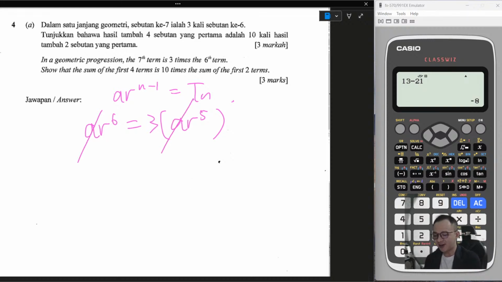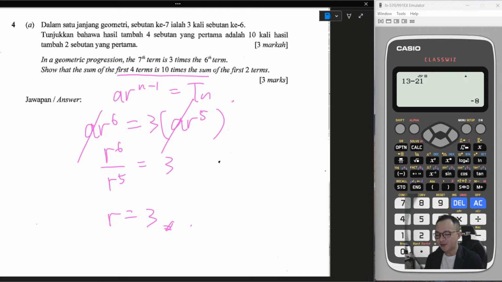Just divide by a, then move the r to the power 5 here. Then you should be able to get r equals 3, right? So after you get r equals 3, we'll go into the second part.